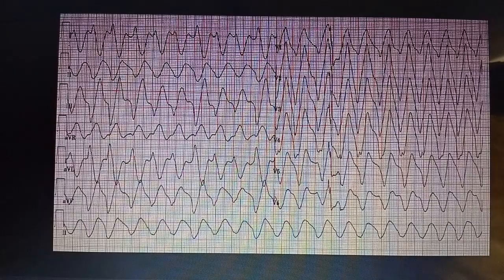Earlier there are tented, tall, peaked T waves, and if it is progressing, there is a decrease in the height of P waves and an increase in the length of the PR interval, which means that there is slow conduction through the atria.